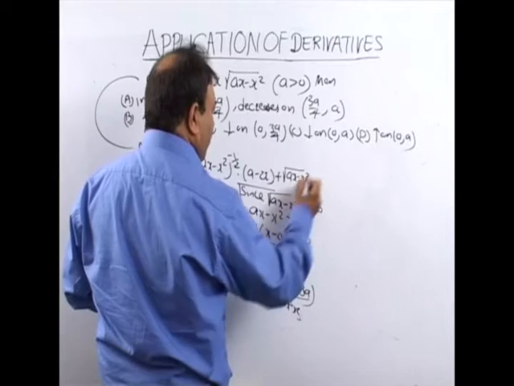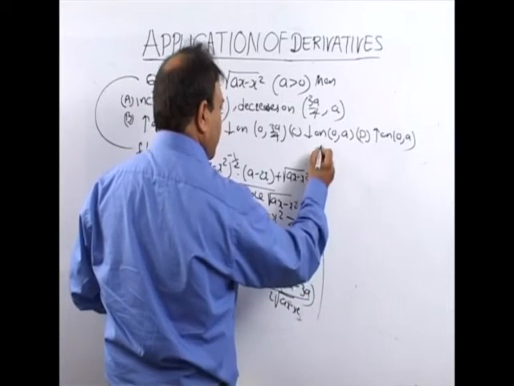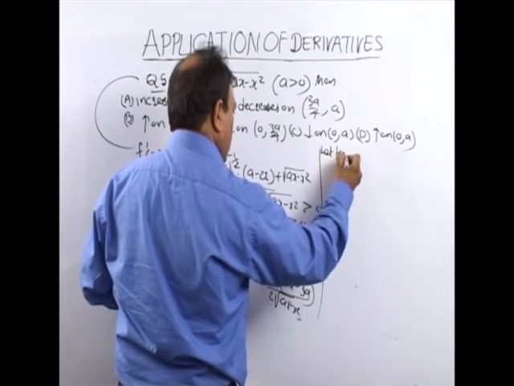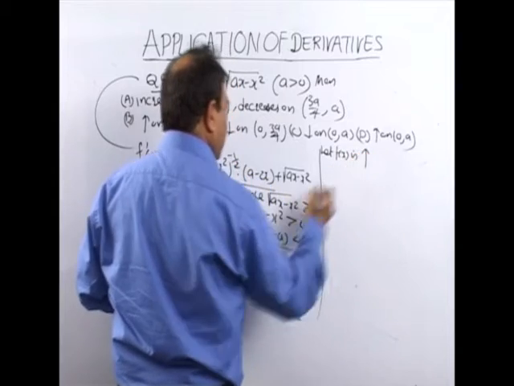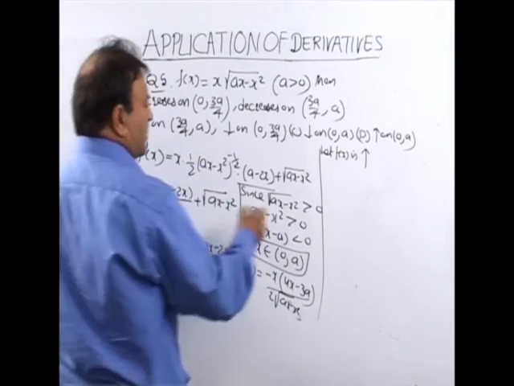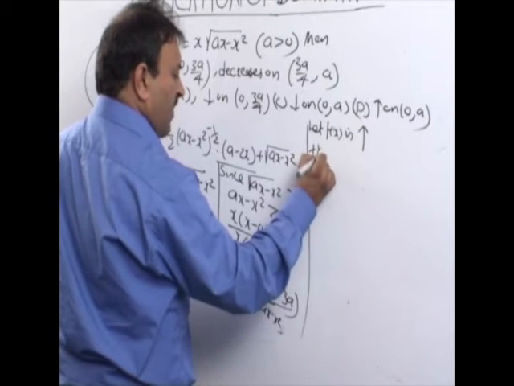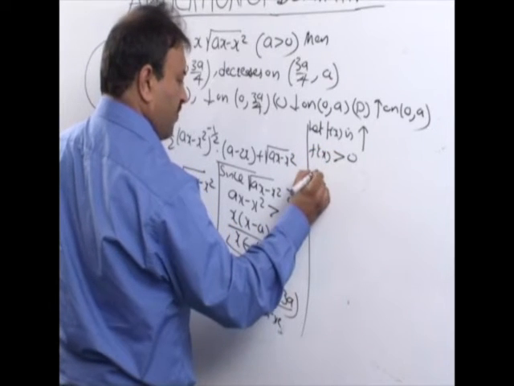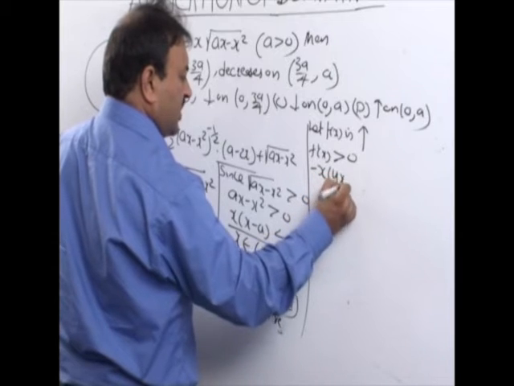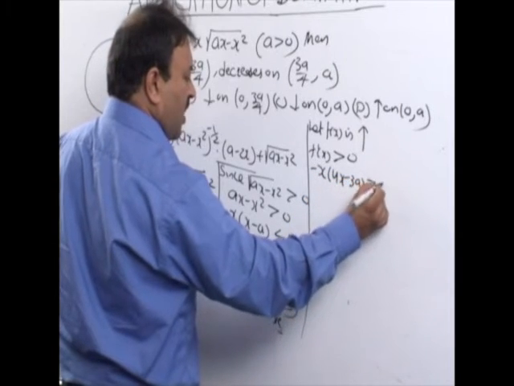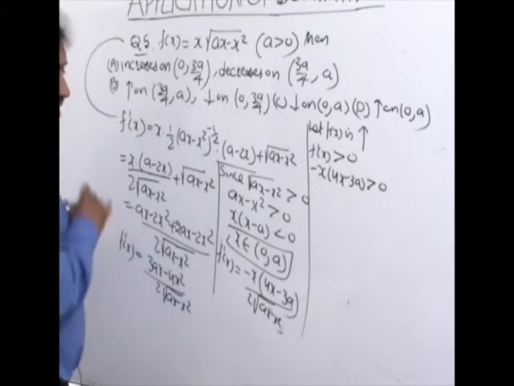Now let f(x) is increasing. Fx is increasing, that means f dash x will be greater than 0. Minus x into 4x minus 3a upon the denominator is greater than 0.